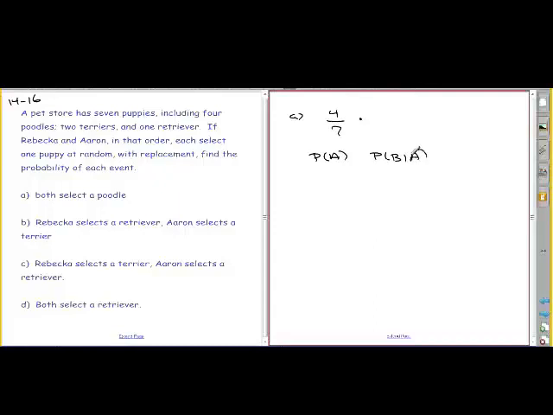The second choice, the probability that Aaron picks a poodle, given that Rebecca picked a poodle, well, it doesn't matter anymore because we're replacing the poodle. So it's still 4 out of 7 instead of 3 out of 6. When we didn't have replacement, it was 3 divided by 6. When we have replacement, it's 4 out of 7, so you get 16 over 42 is the probability.